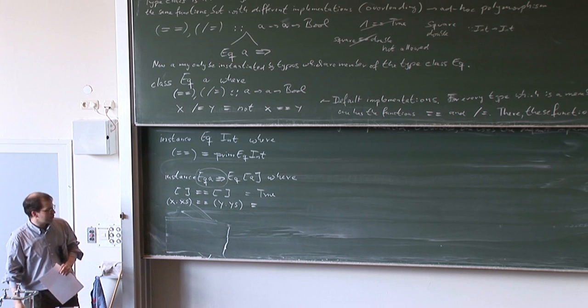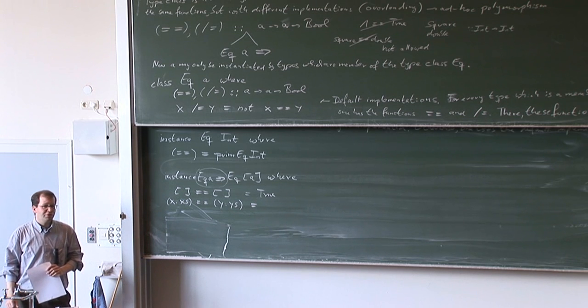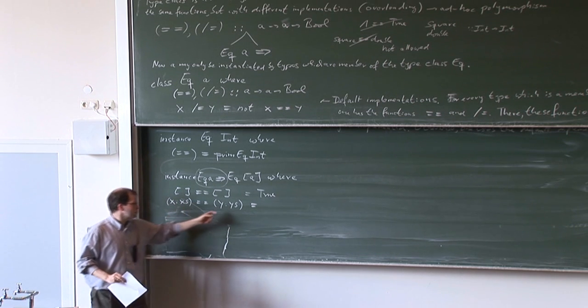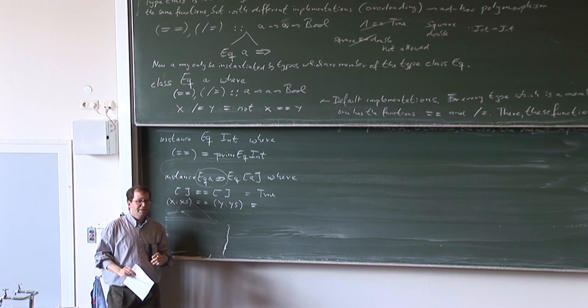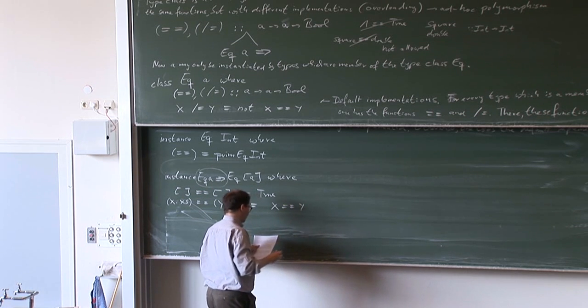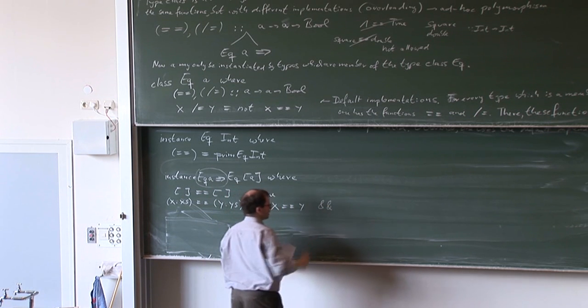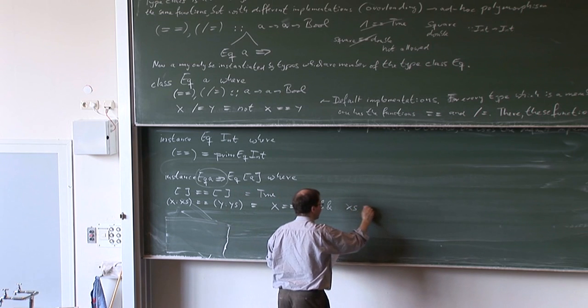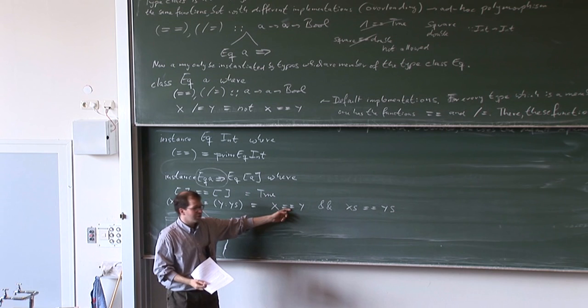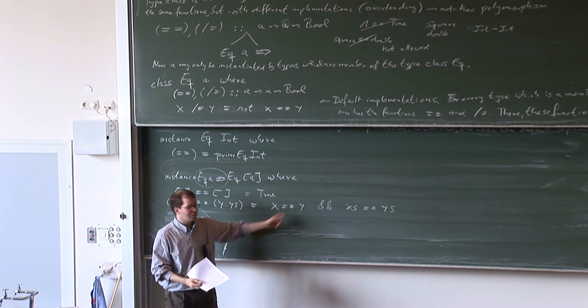Now, how will we find out whether these two lists are equal or not? We would want to check whether x is equal to y and whether xs is equal to ys. And these are two different equals. We want to check whether x is equal to y, and this is predefined in Haskell, and whether xs is equal to ys. Now, these two equality signs look the same, but they are not.